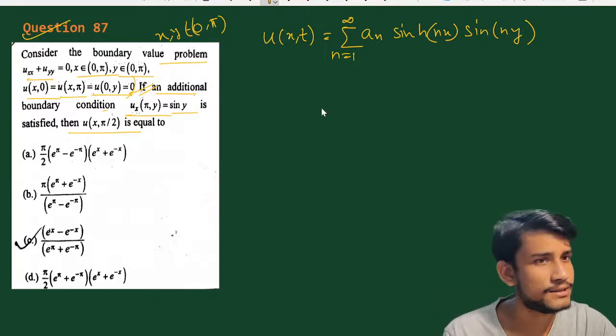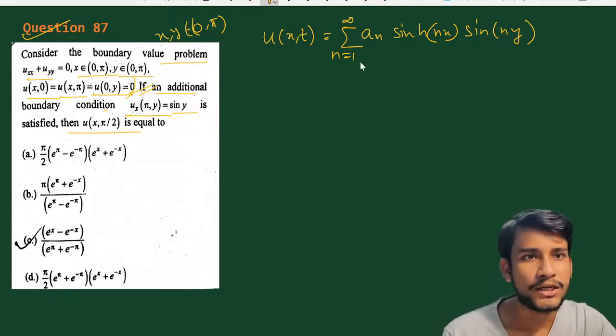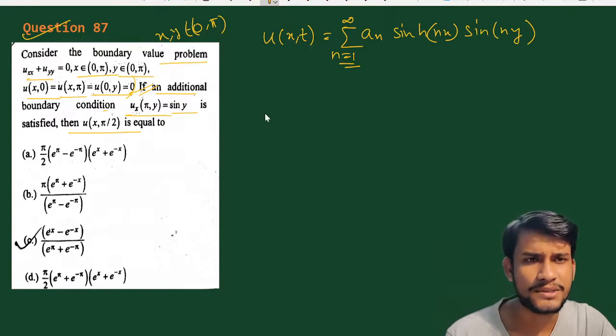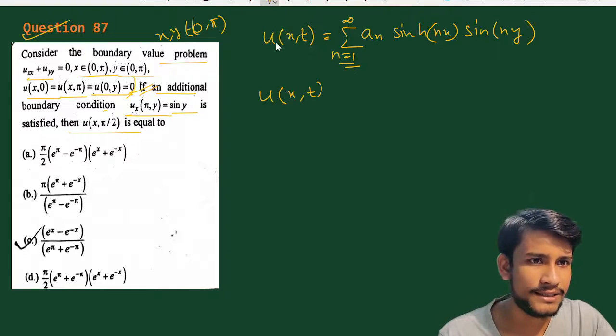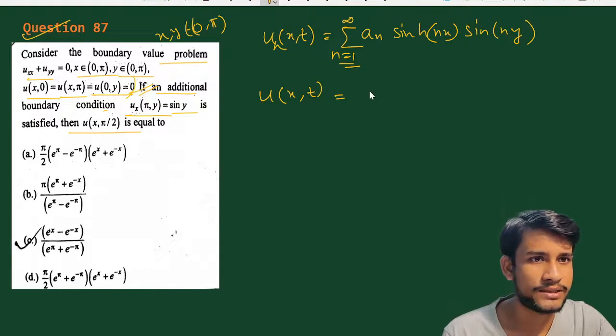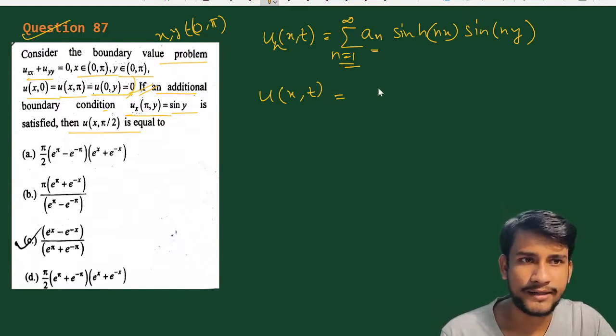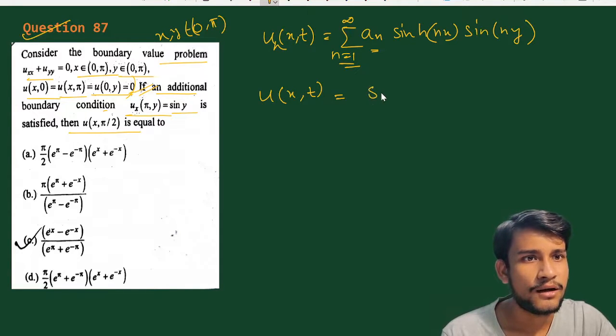This is the answer in the last question. Okay, now if we take the first term only, since here no summation term included, that means we can take u xy and if we write here a, take the value of n equal to 1, so this gives a sine hyperbolic x and sine y.